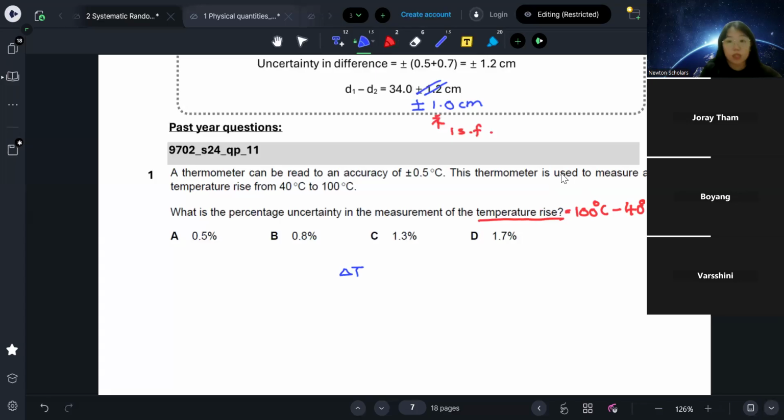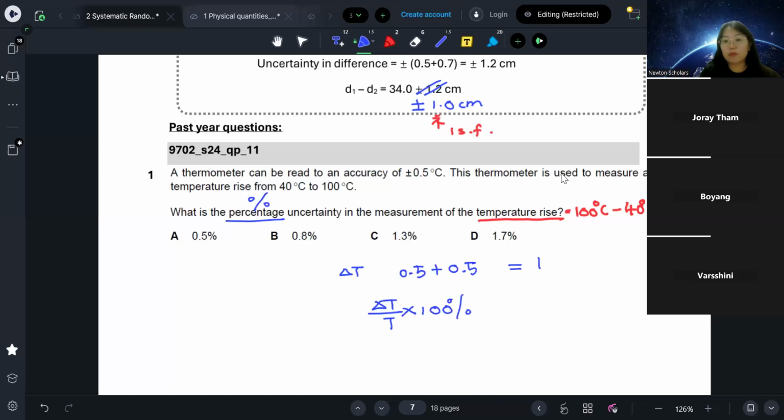So we add 0.5 plus 0.5, and actually you will get 1. Then the uncertainty divided by the actual temperature, we should times 100%, because now the question is asking for percentage uncertainty.